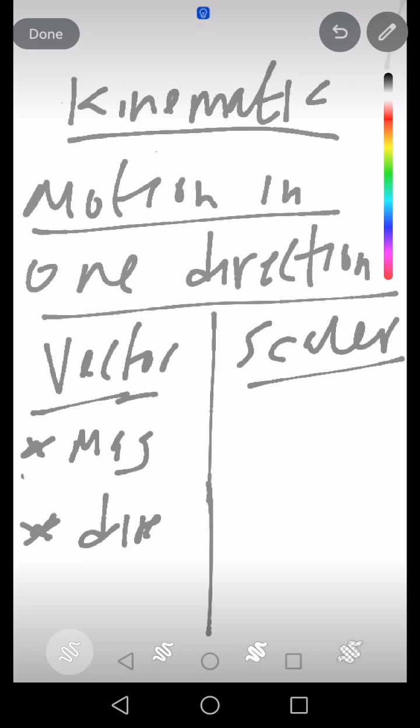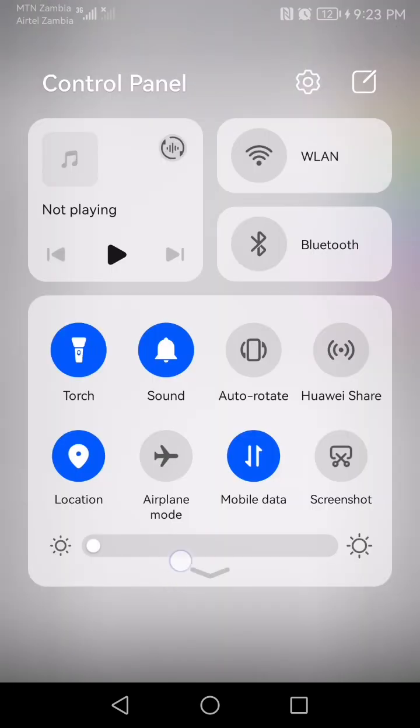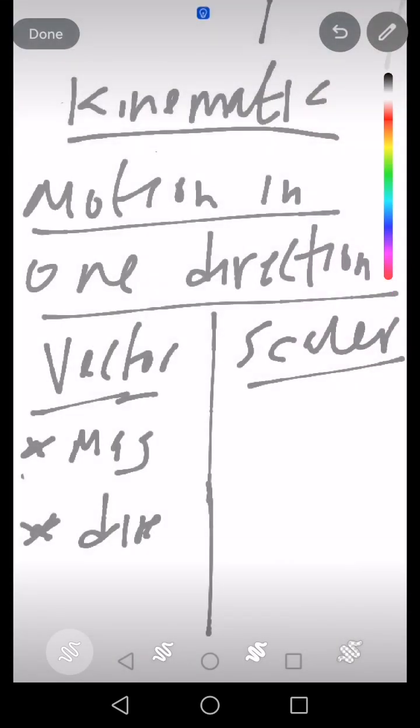What about the scalar? The scalar has only magnitude. That's all. Only magnitude, but a vector quantity has magnitude and direction. You learned this in grade 12, in motion. So this is simple and easy.